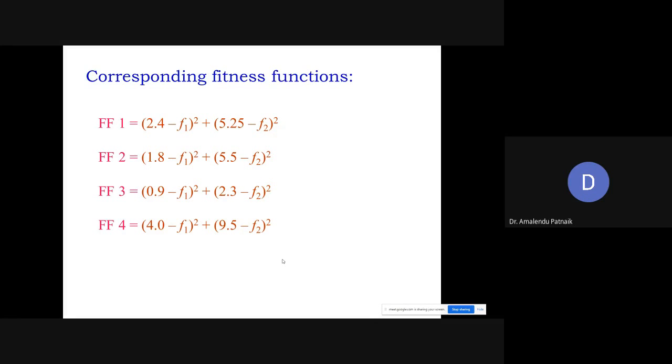So standard algorithms are available in PSO. Here we used PSO because it is simple and easy to apply. The coding is not that lengthy.